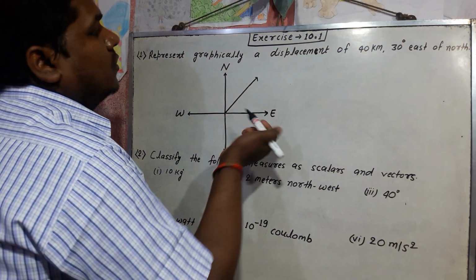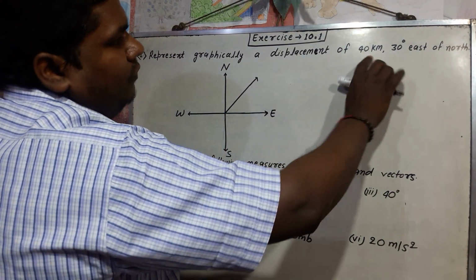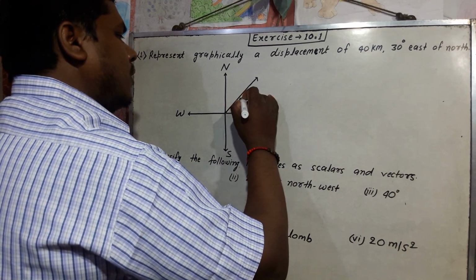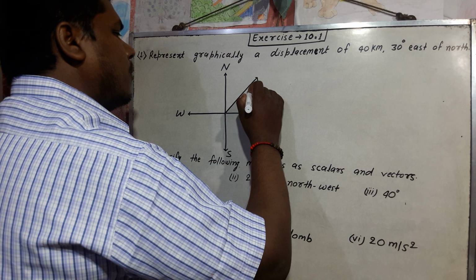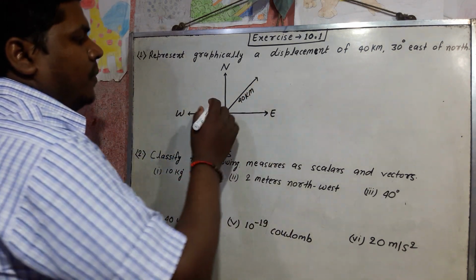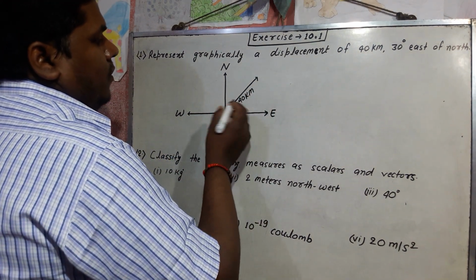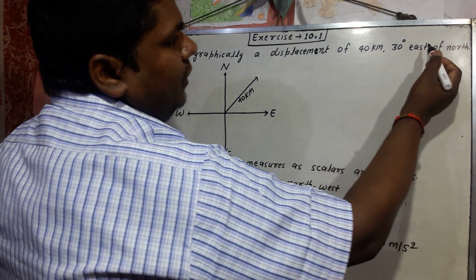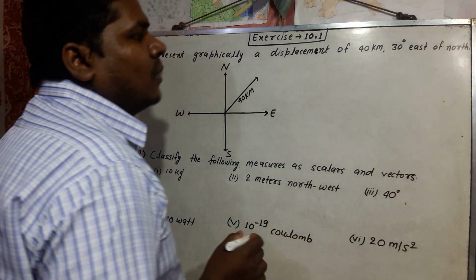We draw a displacement of 40 kilometers, 30 degrees east of north.